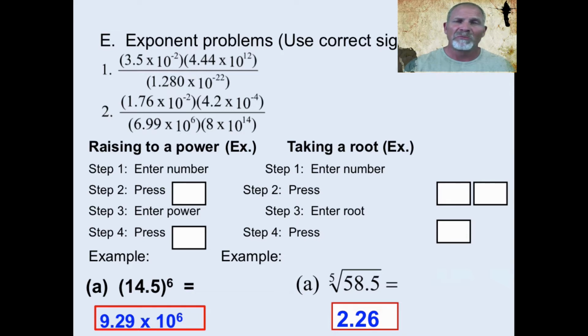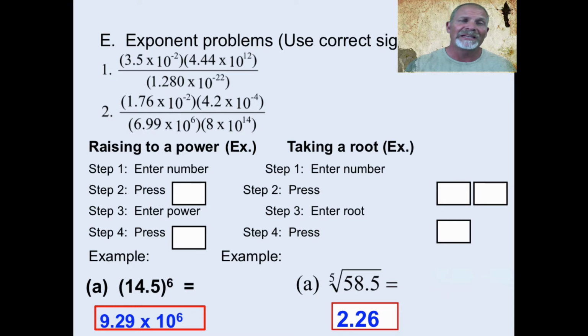All you're going to do is multiply across the top. All the numbers. You keep on just multiplying all the numbers across the top until you're done. Then you push your division key and you keep on dividing across the bottom. For example, I'll go to number 2, which throws people off. I'll go 1.76 times 10 to the negative 2 times 4.2 times 10 to the negative 4 divided by 6.99 times 10 to the 6 divided by 8 times 10 to the 14.